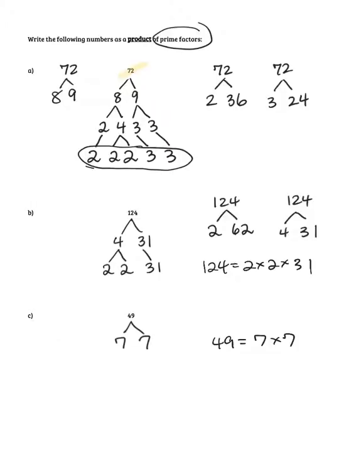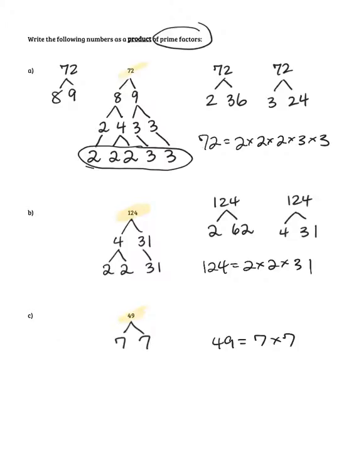We listed all the prime factors of 72. I'll just rewrite that here: 2 times 2 times 2 times 3 times 3. We took 124, and we listed the prime factors of 124 via the factor tree, and we also took the number 49.